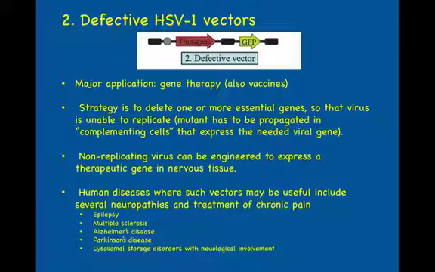So there's a bunch of diseases which have some type of genetic component, such as epilepsy, MS, Alzheimer's, Parkinson's, and a bunch of different lysosomal storage disorders that are related to neurological function that are lesser known.